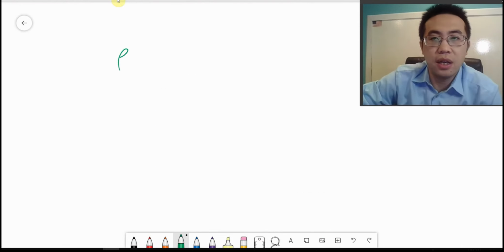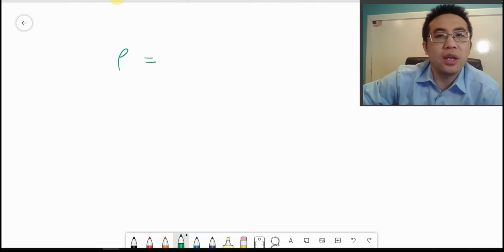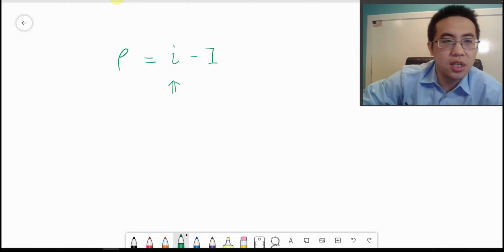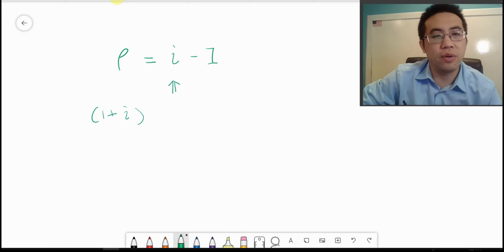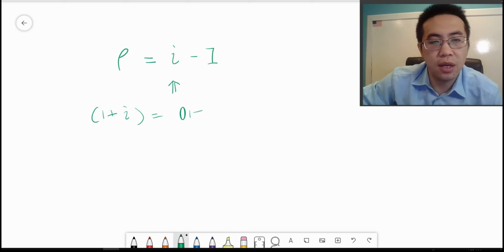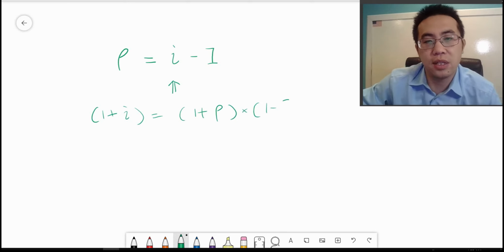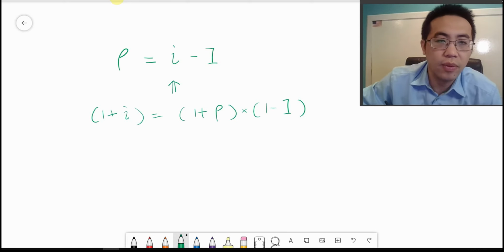This could be rewritten as the real rate. Let me use the Greek letter rho to stand for the real rate, and it is roughly the nominal interest rate minus inflation. This equation is derived from 1 plus the nominal rate equals 1 plus the real rate times 1 plus the inflation.